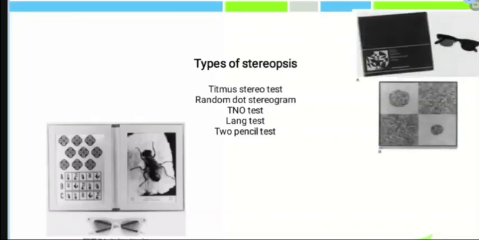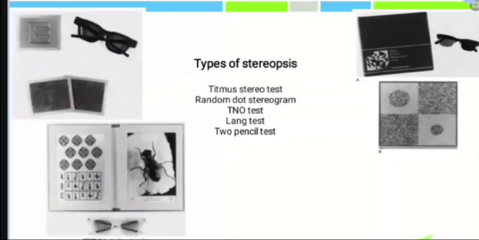Then we have the Randot stereogram, which is a widely used standard test in every OPD, I guess. Even in this Randot stereogram, we use polarized glasses. And we have another test, the TNO test. Even in this test, you have popping letters, so the patient can see them with the help of polarized glasses.